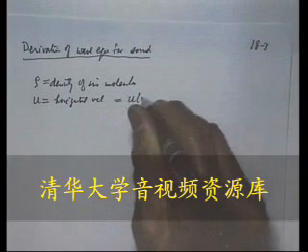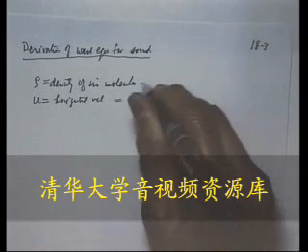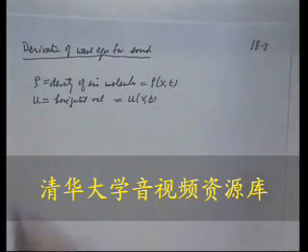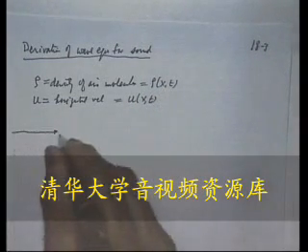u is a function of x and t, and rho is also a function of x and t. The sound wave moves along the x direction.